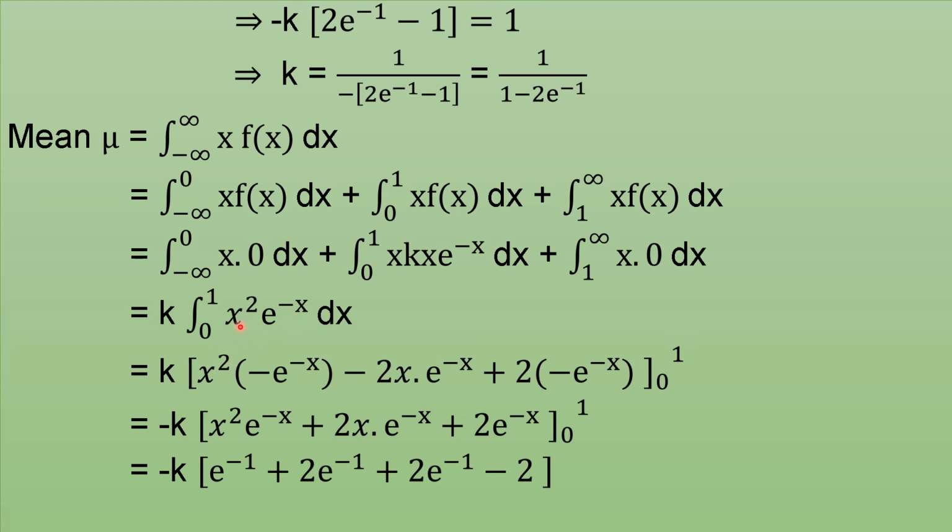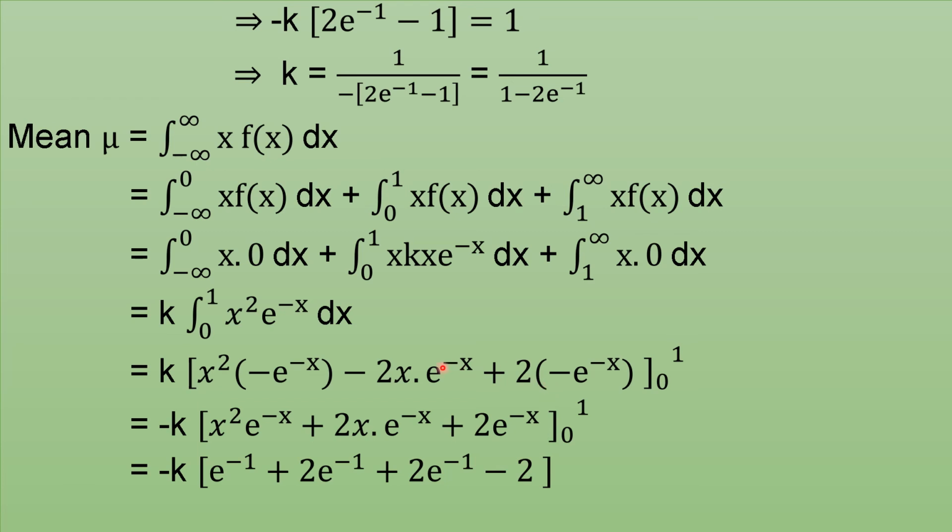So first factor x square into integral of e power minus x is minus e power minus x, minus derivative of the first factor into integral of the second factor of the preceding term. To write the second term, look at the first term: derivative of the first factor x square is 2x into integral of minus e power minus x is plus e power minus x, plus next term.